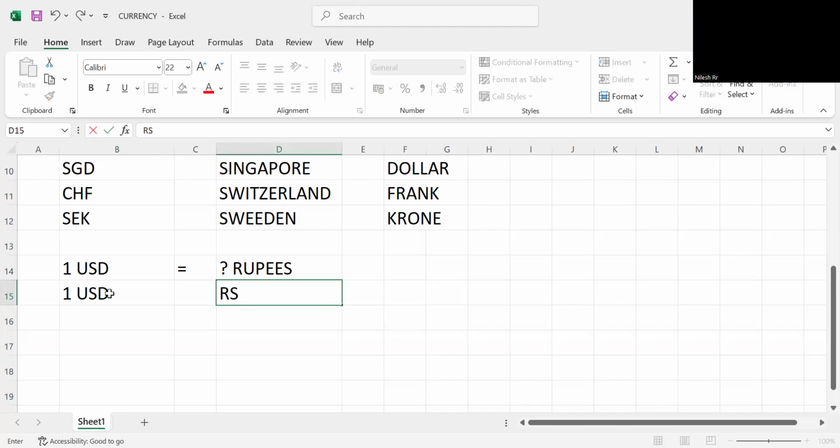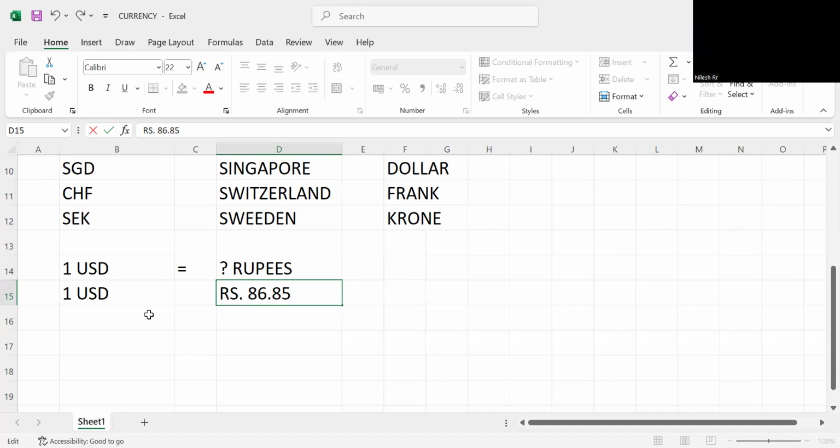Rupees 86.85. Now you can see over here after the decimal, I have mentioned two digits. So now, 1 USD is rupees 86.85.